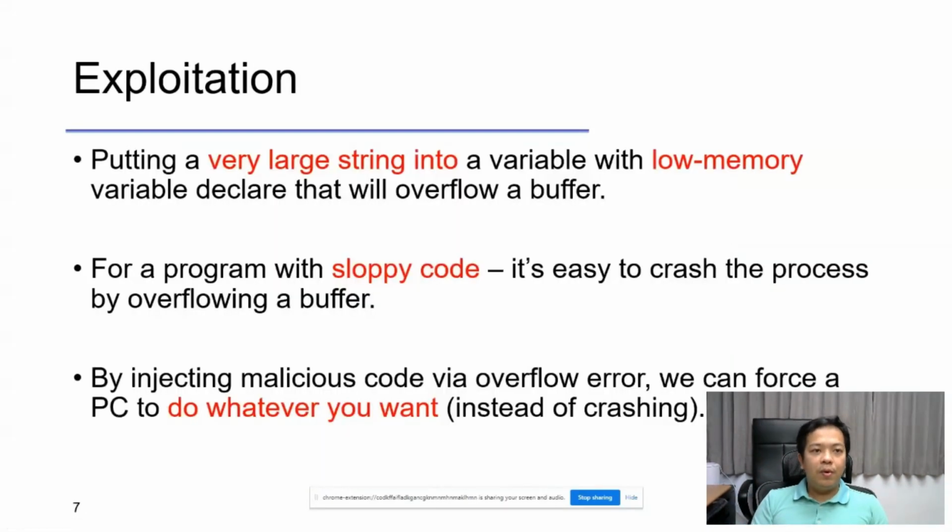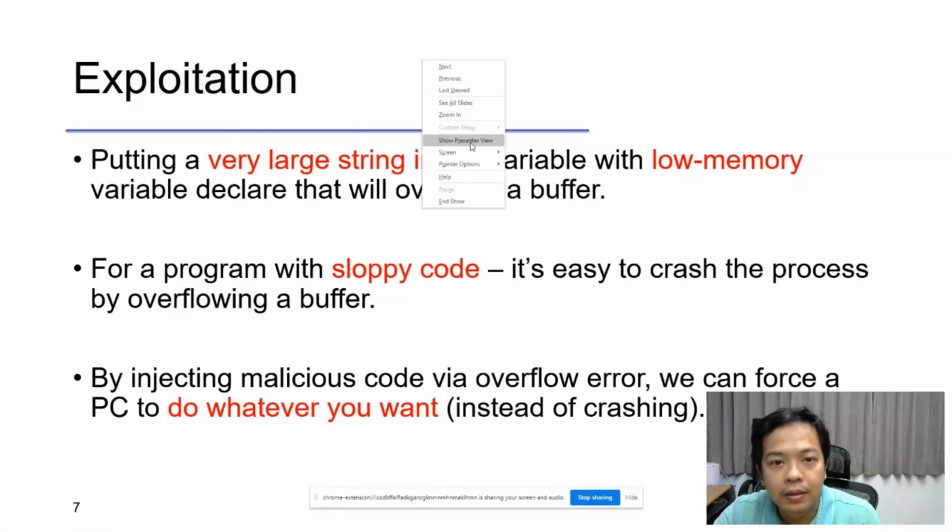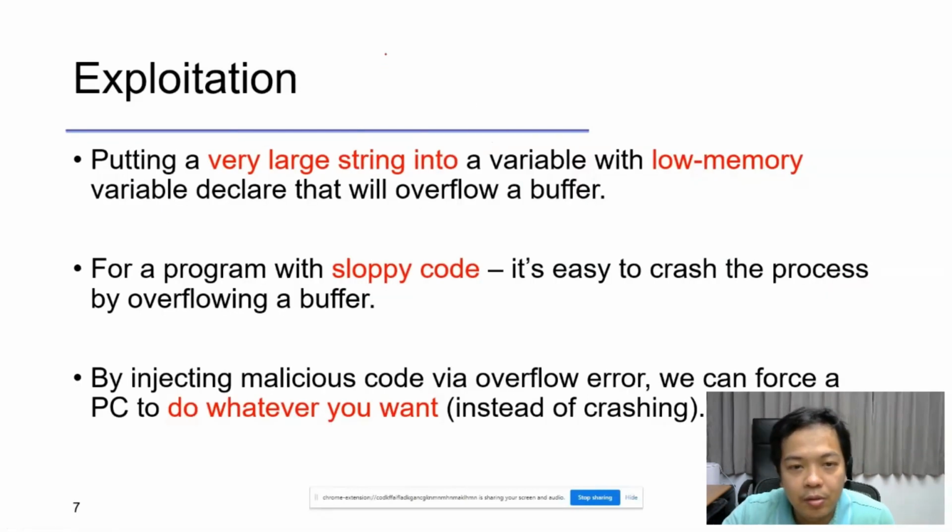So the exploitation method is to put a very large string into a variable with low memory. For example, we have a declaration of int a.